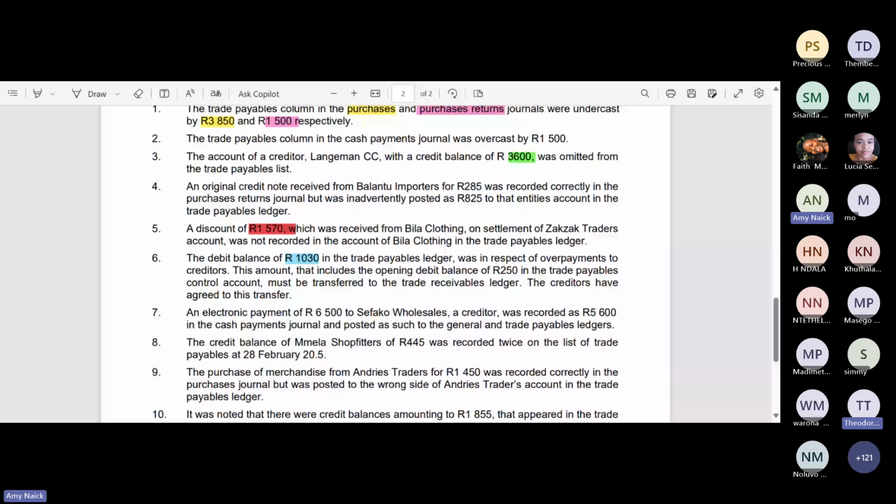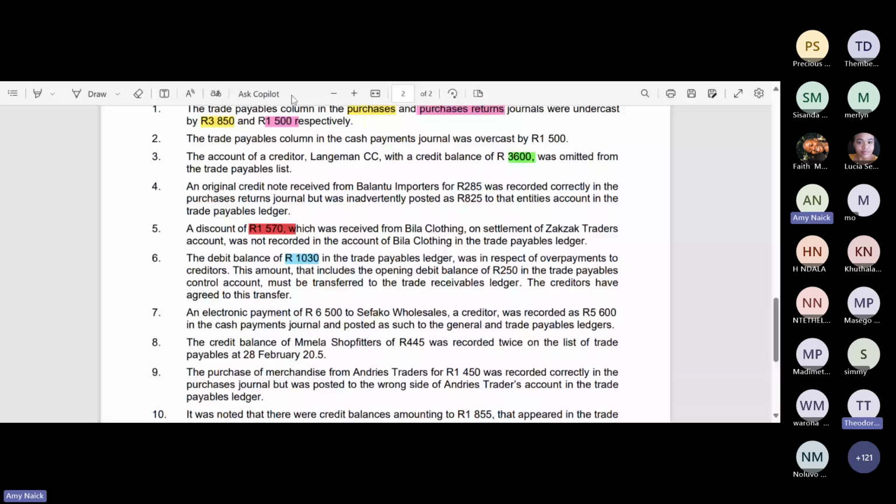You basically must raise it. Yes, that's what you're doing, because you've overpaid. I overpaid with 100 rand. Yes. Okay, now I understand this transaction of 103. It's the same way we overpaid these creditors. But remember, this was because of the debit balance that was sitting there already.